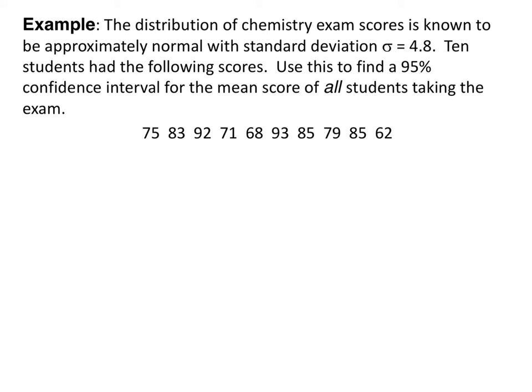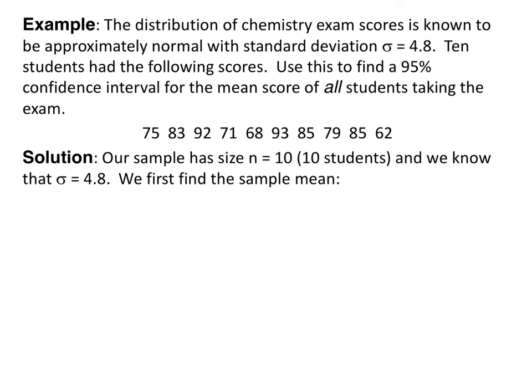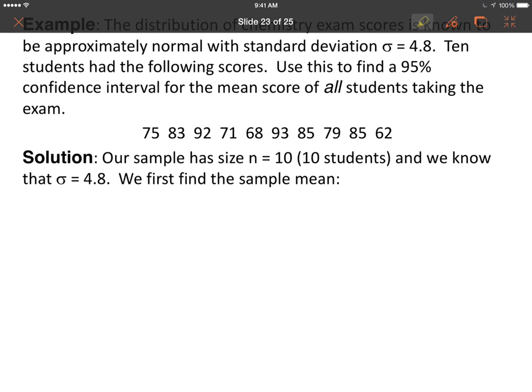Okay, so the formula for my confidence interval looks like: sample mean, that was my estimate, plus or minus critical value z star times the standard deviation divided by the square root of n.